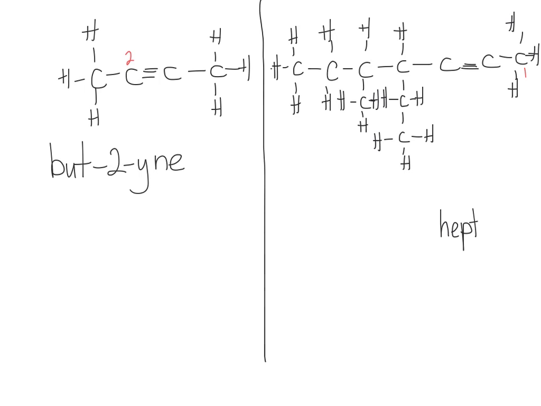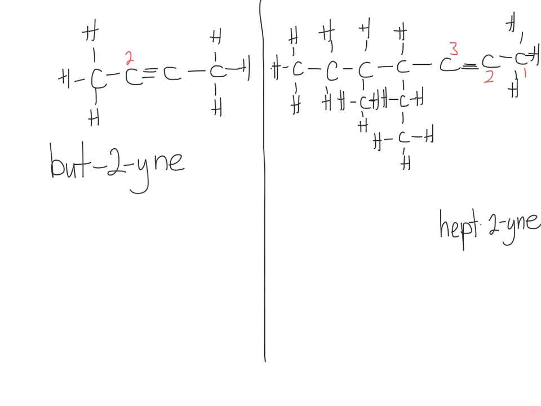The triple bond occurs at carbon number 2. So there's our root and our suffix. That's our parent chain, the 7.